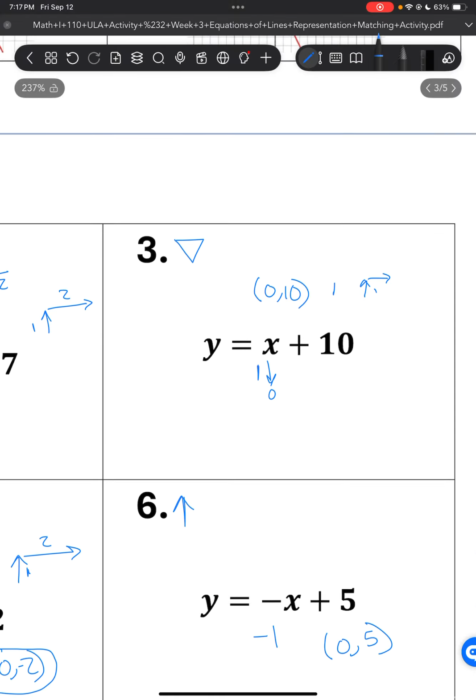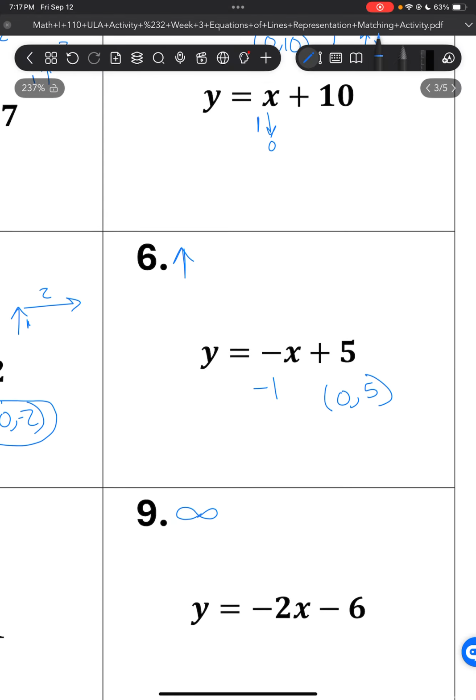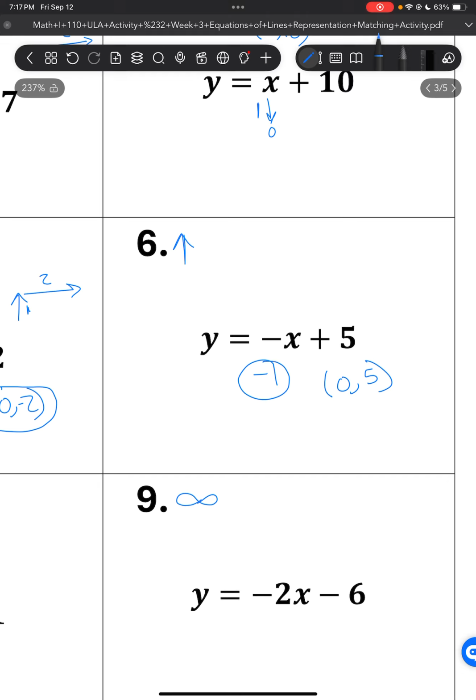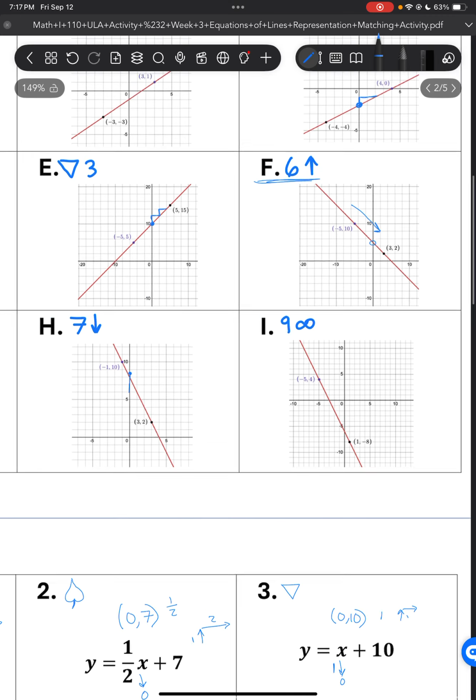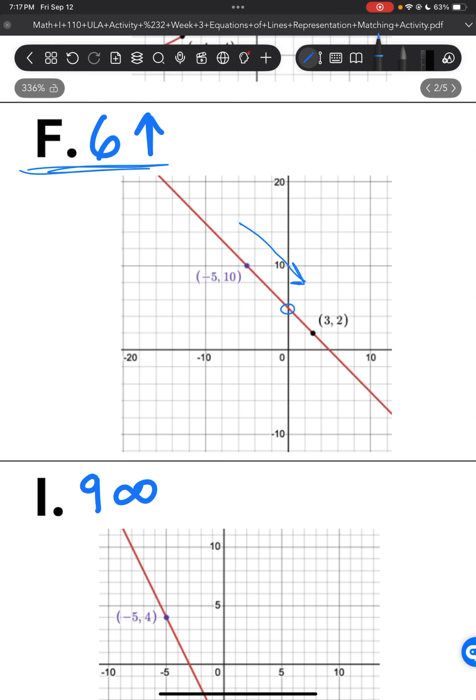Okay, number 6. We have a slope of -1, meaning we are going down 1 and over 1. And then our intercept is (0, 5). Let's see if we can find that match, which I think we found right here. And that's where we can see it is a negative slope, and it has that matching point.